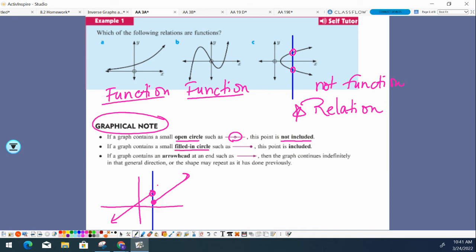It's only if it's filled in that it's included. So this point is not included because it's open, but this point is included. So this would be a function because they don't really overlap. And you know that arrows just go on forever. So just kind of a piece of information. So that's letter A.